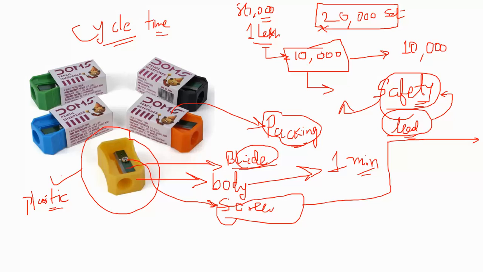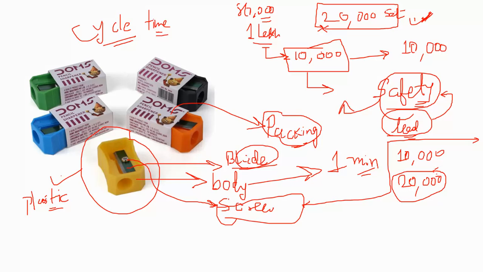Next is the screw and blade. Here I will see that 20,000 sets are available. So for 2 weeks I do not require anything, but after 1 week, that means after 10,000 ordered, I will give him an order of 20,000. Initially I had 20,000, so that indicates I can put my 20,000 sets of these blades, box and screws. So I will procure 20,000.